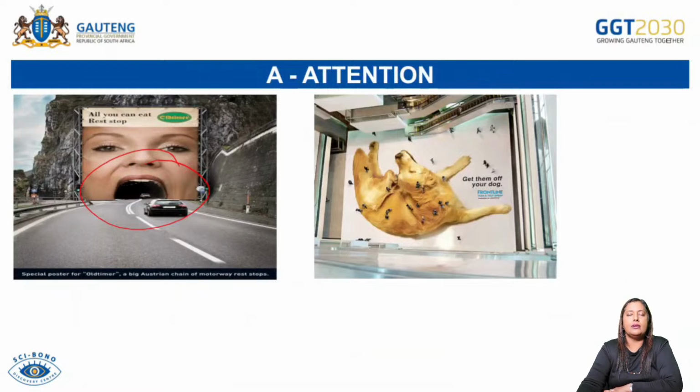if you're a lover of animals, in particularly a dog, for example, you'd know that you'd like to keep your pet very clean. And if there's little insects or fleas or ticks on the dog, you're going to clean that off immediately. So already the big image of the dog is attracting my attention to see what this is all about, because I love the dog, for example.